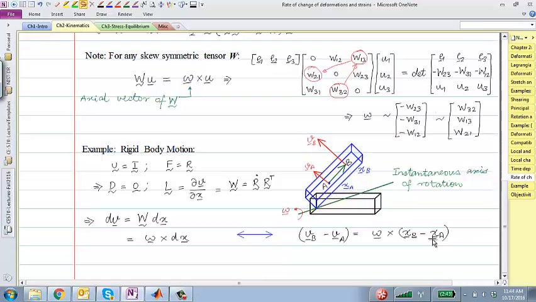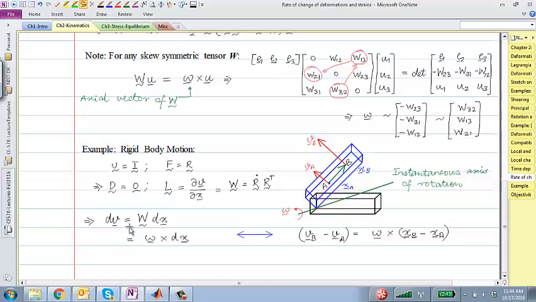If I have a rigid body rotation, the relative velocity of point B with respect to A is equal to omega cross R, where R is the relative position of B with respect to A. And that's exactly what this spin tensor does.